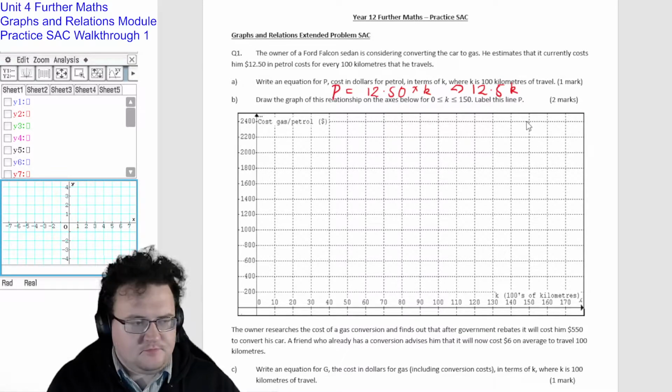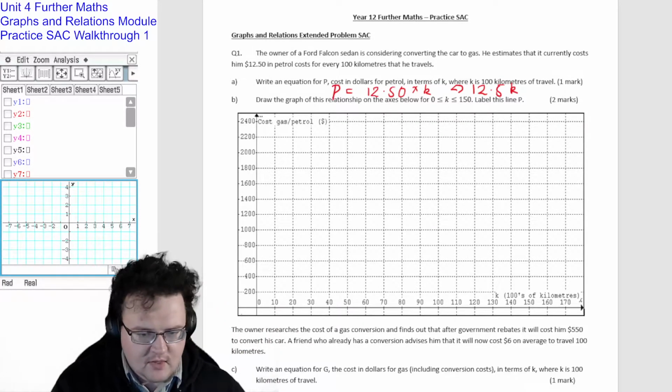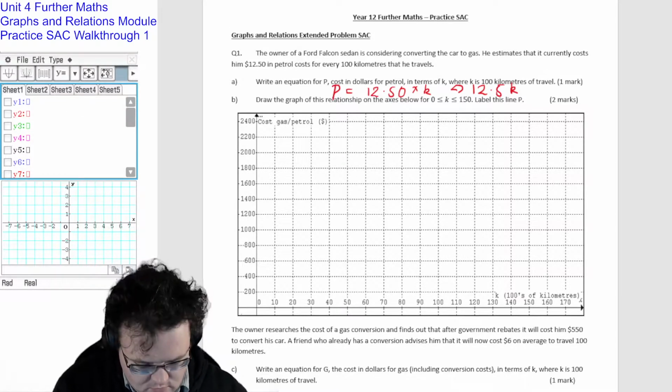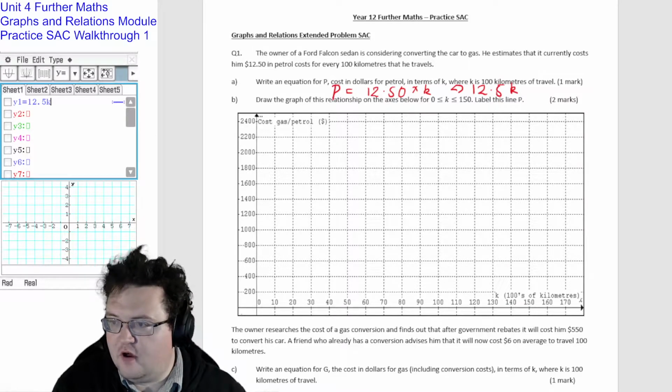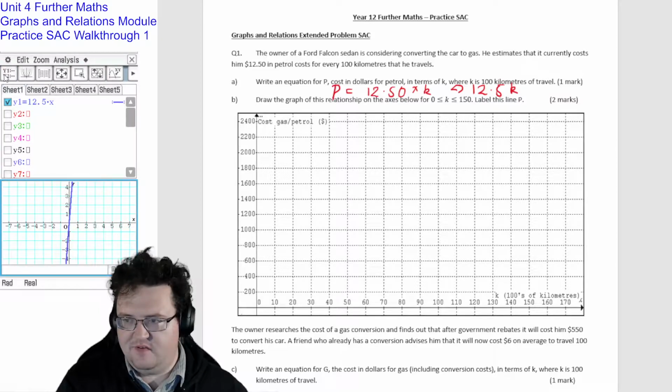So what we do is get our CAS, and under the graph section, we're just going to put 12.5x in there. X and K are interchangeable for the purposes of what our CAS is doing.